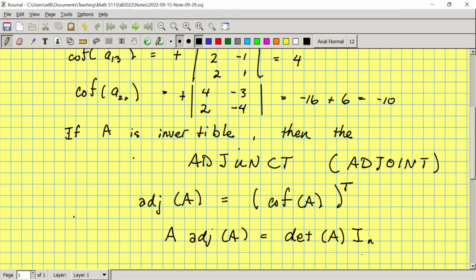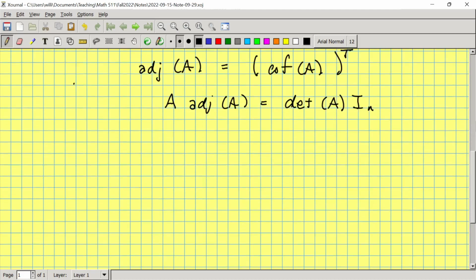There's no division. But what's the formula in the textbook? If A is invertible, I can multiply both sides of this equation by A inverse and get the adjunct of A equals the determinant of A times A inverse times the identity, which is just A inverse.